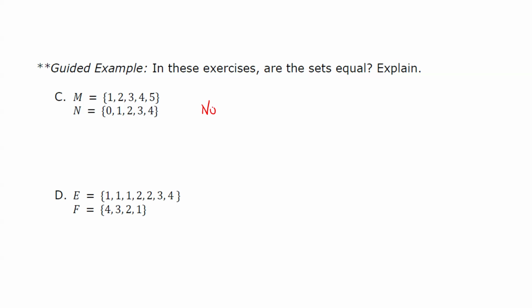So no, these sets are not equal because both sets do not contain the same elements. Now, are M and N equivalent? Yes, because their cardinal numbers are both 5, but they're not equal because they don't have the same elements.